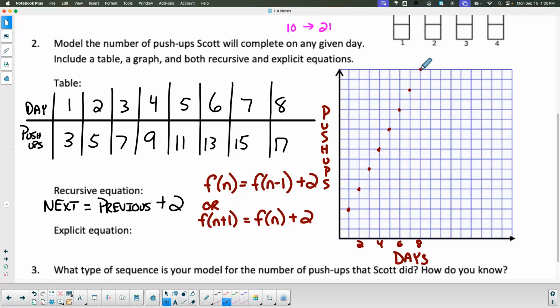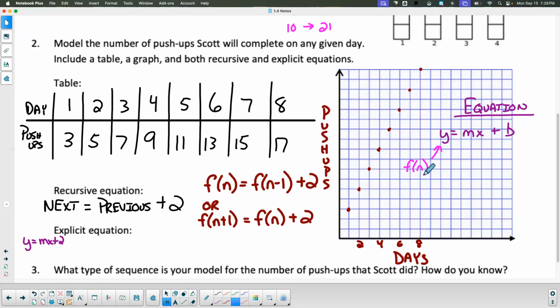So that means down here, for our explicit equation, we're going to want to get a line. Well, to come up with the equation of a line, my y here is going to be my f of n.